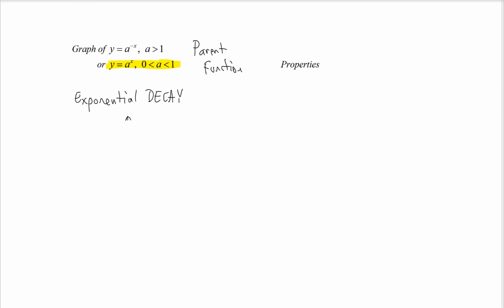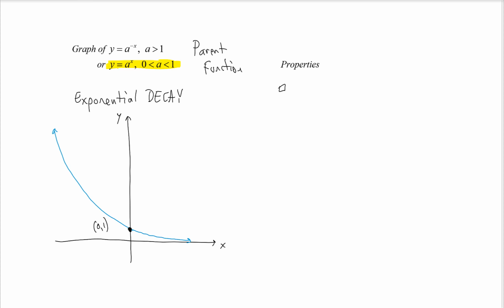So this is where we get this shape. It decreases rapidly. It's guaranteed to go through 0, 1, because any positive number to the 0 power outputs 1.